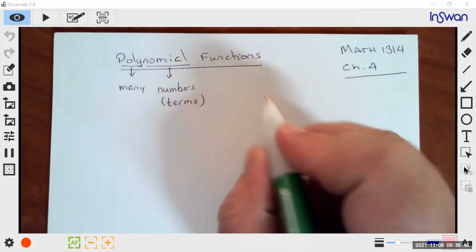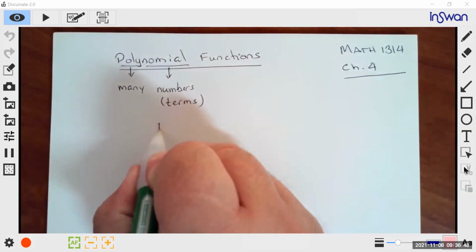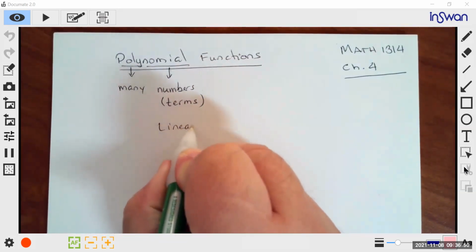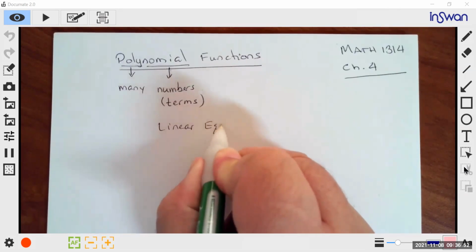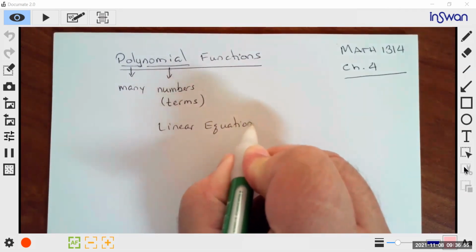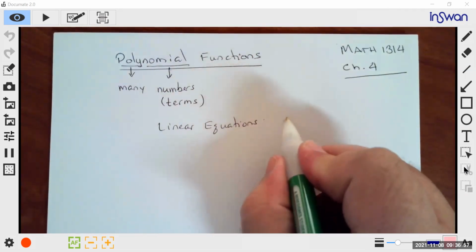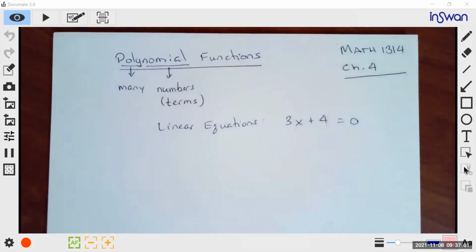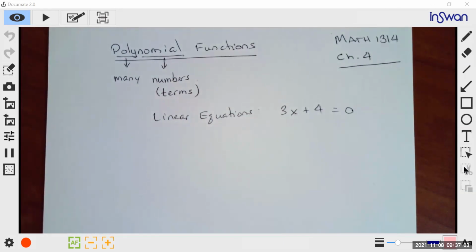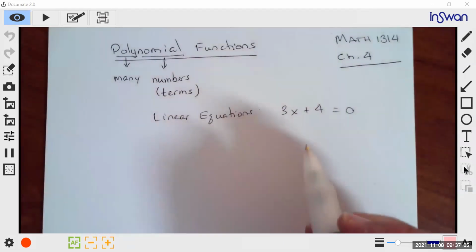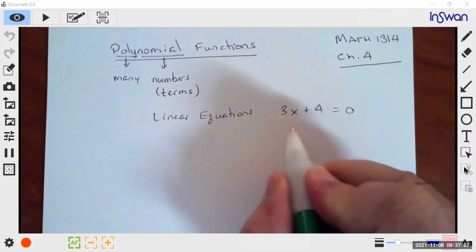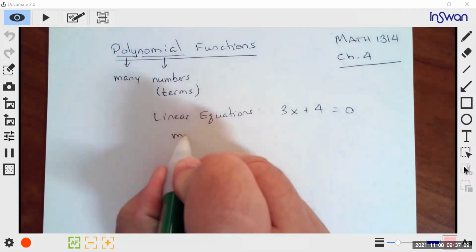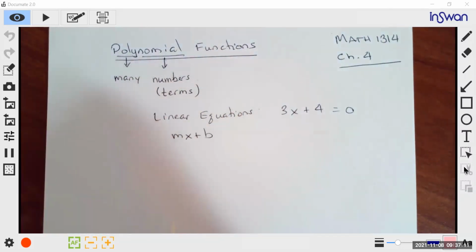So so far we talked about linear equations, like 3x plus 4 equals 0. Basically, linear equations have the form mx plus b.